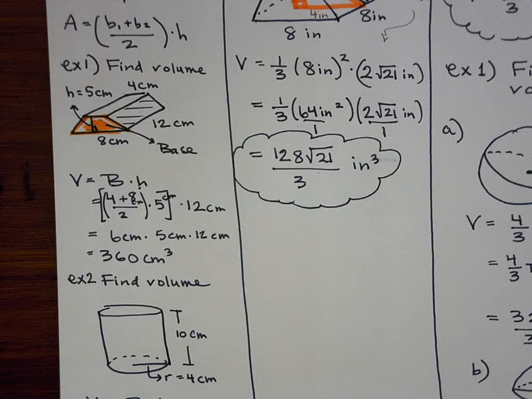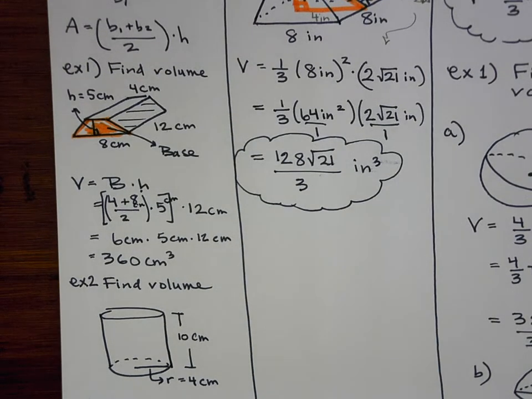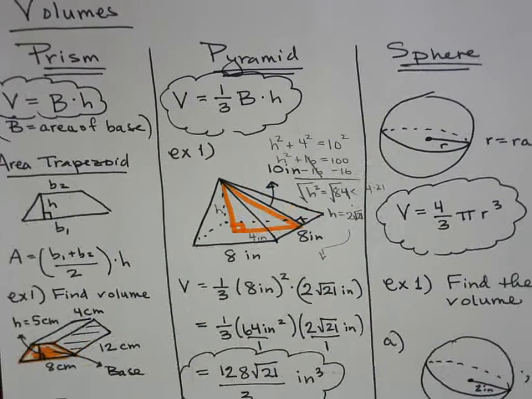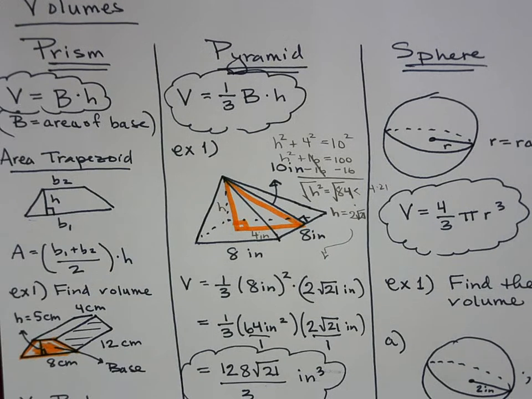All right, so those are the three just kind of basic volumes. So we have prisms, which include cylinders, and then we have our pyramids and our spheres. Okay? So again, we have to know these formulas. And then our last thing that we have to do is our truncated. Okay, so one more concept here.